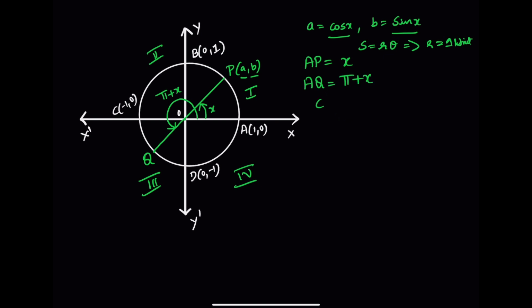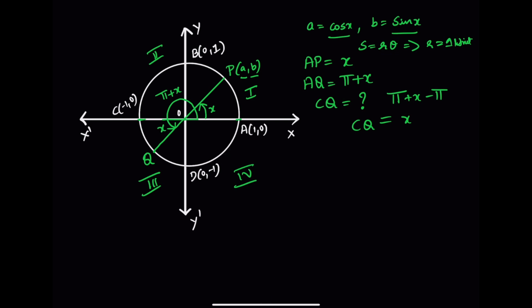So we need to find what the angle formed by arc CQ is. We just have to subtract pi from it, because if we subtract arc AC from it, then we will be remaining with this angle. So pi plus x minus pi is equal to x. So arc CQ creates an angle of x.